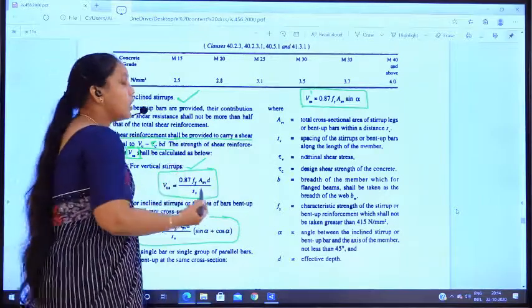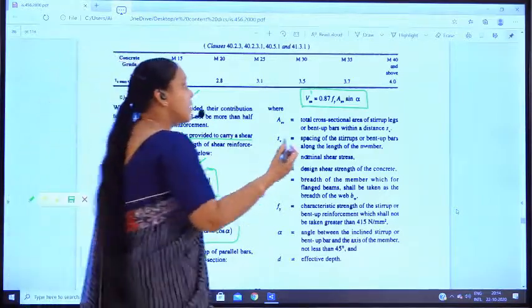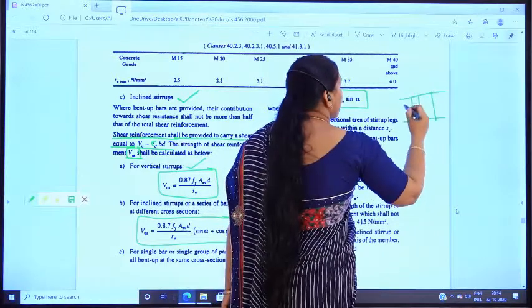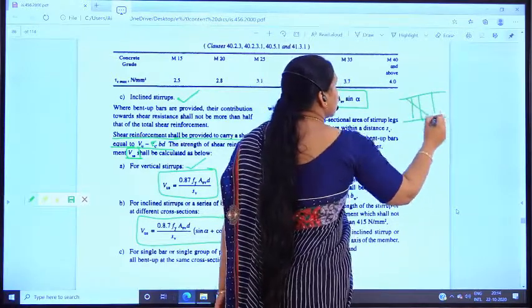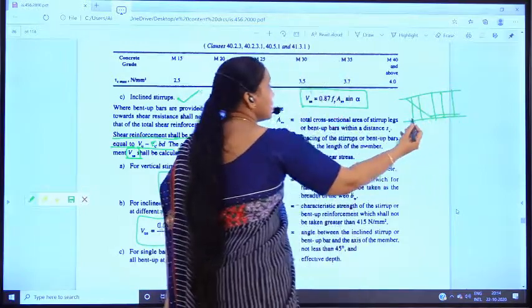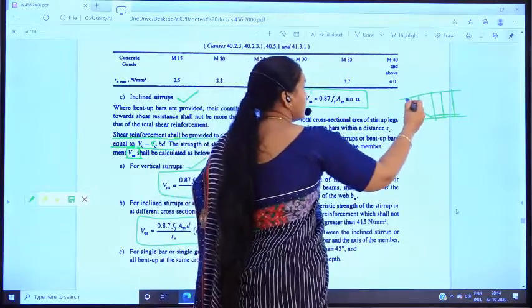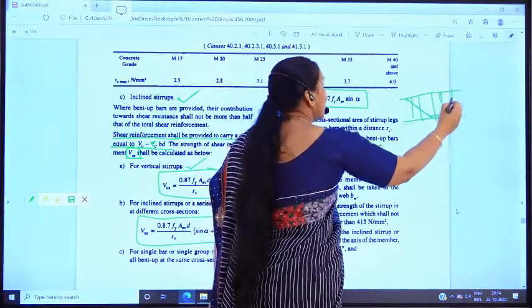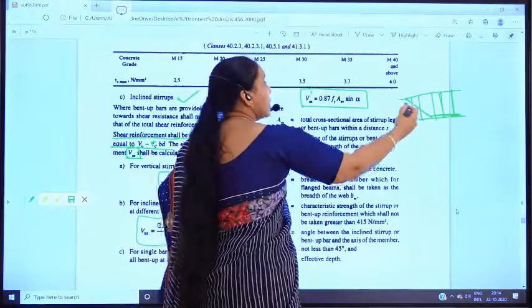So when you are using the bent up bars, we will use the bent up bars as well as the vertical stirrups. Is it or not? So we will use the bent up bars along with the vertical stirrups. Some shear force has to be carried by the bent up bars as well as by the vertical stirrups. So both have to carry.